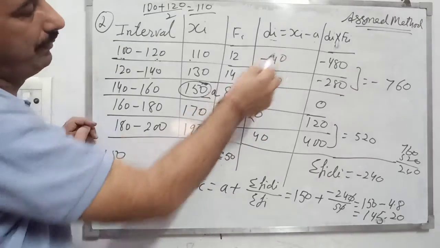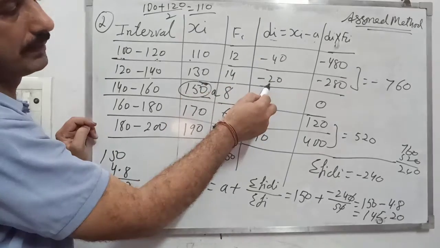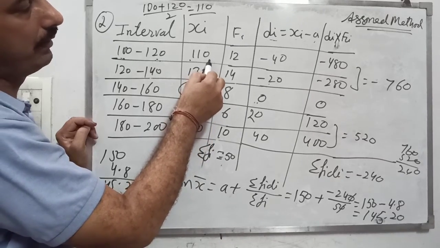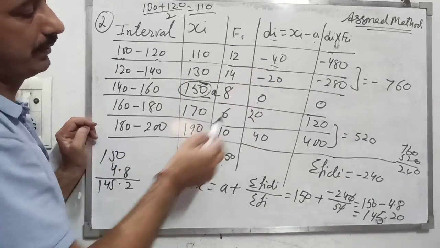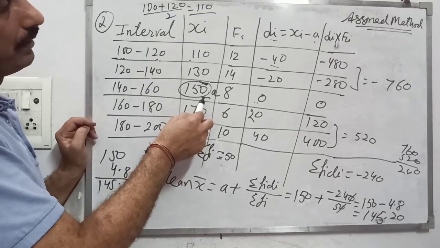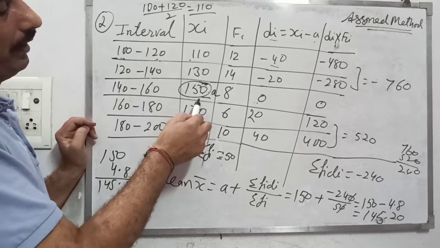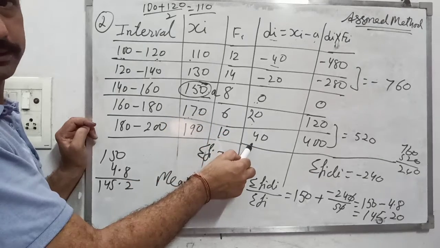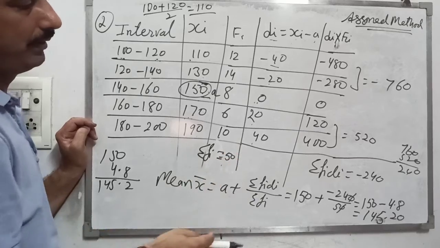When xi is 130 and a is 150, the answer is minus 20. When xi is 110 and a is 150, the answer is minus 40. Similarly, when xi is 170 and the assumed mean is 150, it's 20, and similarly that becomes 40, right?